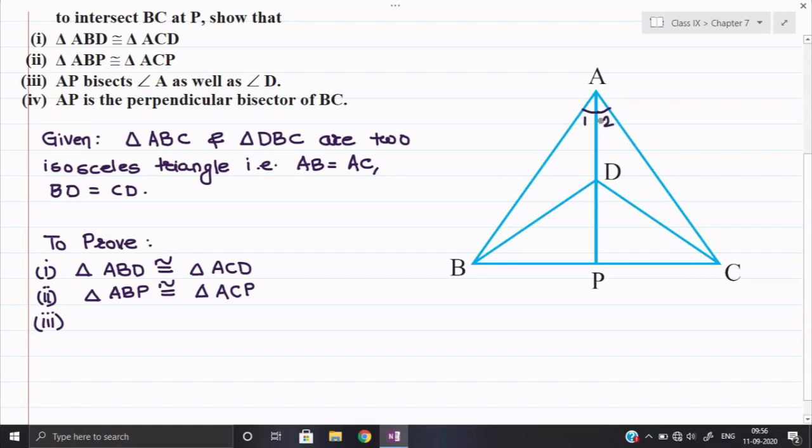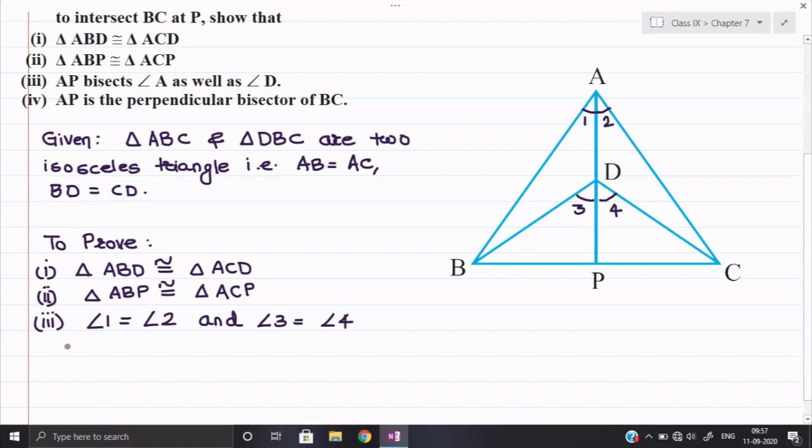So I need to show angle 1 is equal to angle 2. Since it is bisecting angle D also, this angle I will suppose 3 and this angle 4. So angle 3 equals angle 4, which I also need to show.